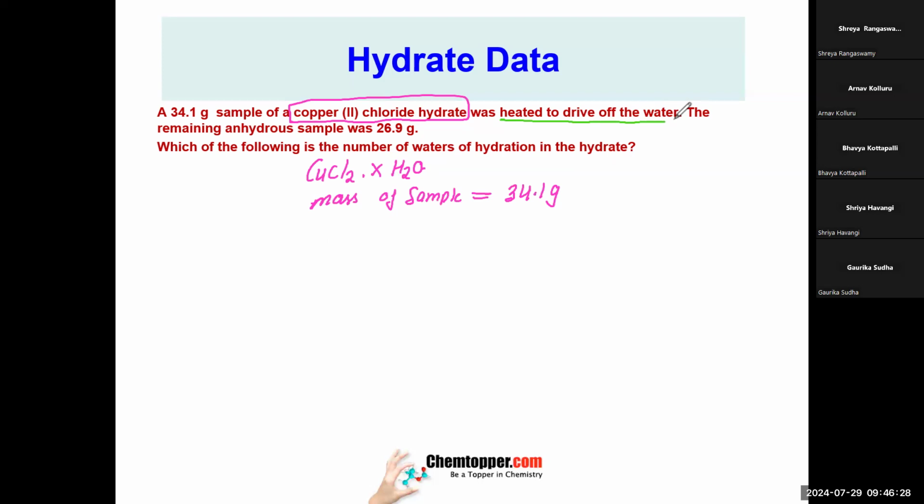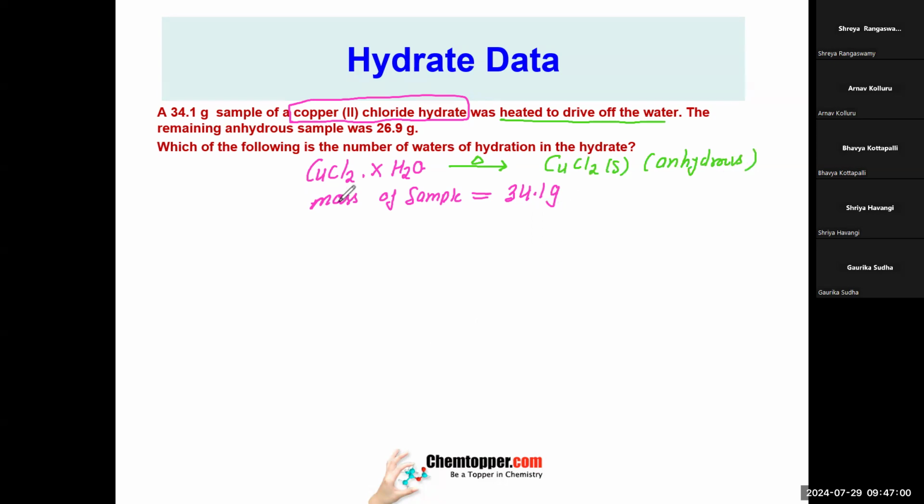Water is driven off. Means when I heat, what will happen? This water will go away. And what is left after you remove the water? CuCl2 solid. It's an ionic compound. All ionic compounds are solid. This I'm going to call now anhydrous. Anhydrous means without water.